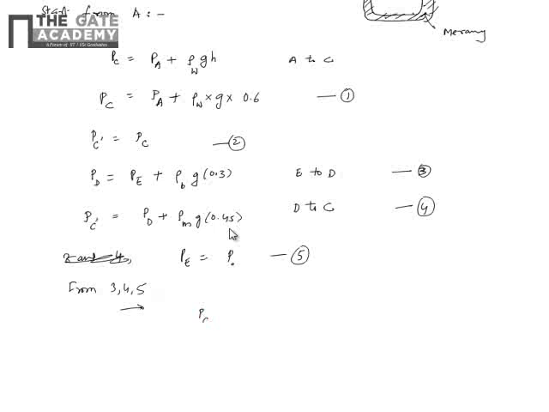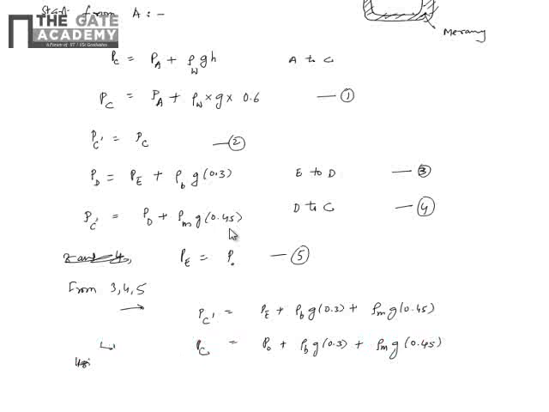I can write PC dash as PD, but PD is again PE plus rho benzene G into 0.3 plus rho mercury G into 0.45, and P is nothing but P atmosphere, so P naught, and PC dash is again PC.